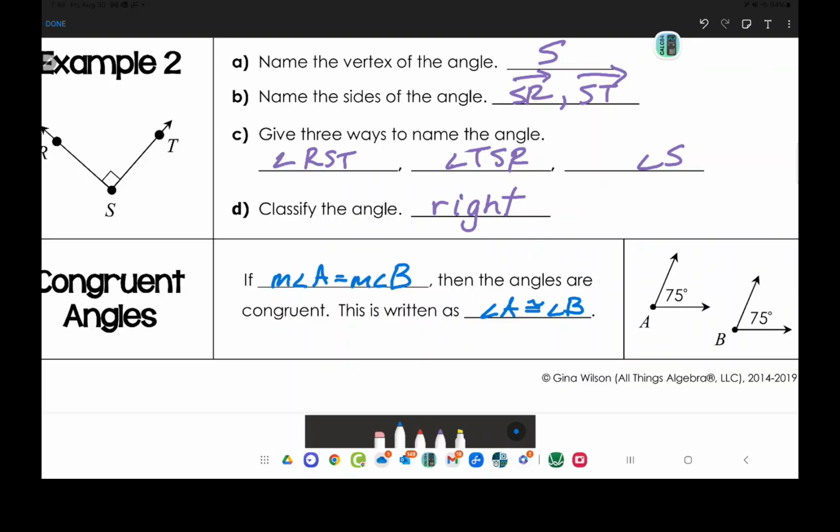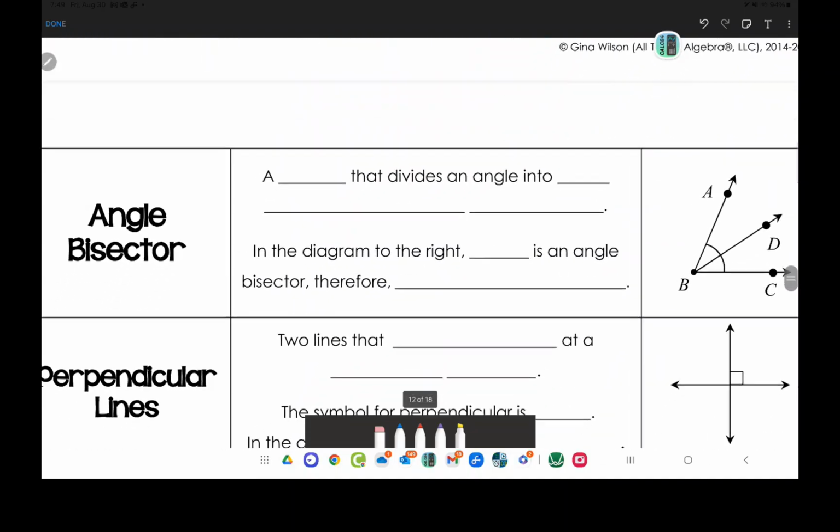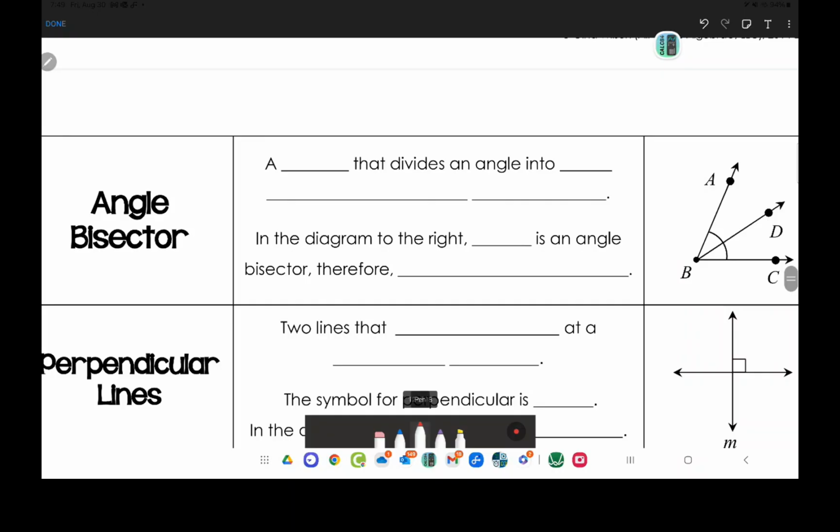All right, next up. In this case, we have a ray. A ray that divides, it could be a line as well, but it's either a line or a ray.